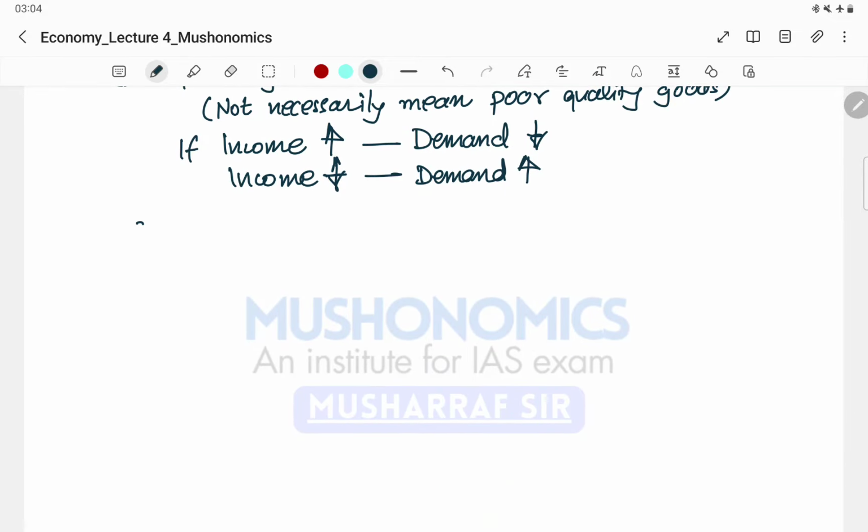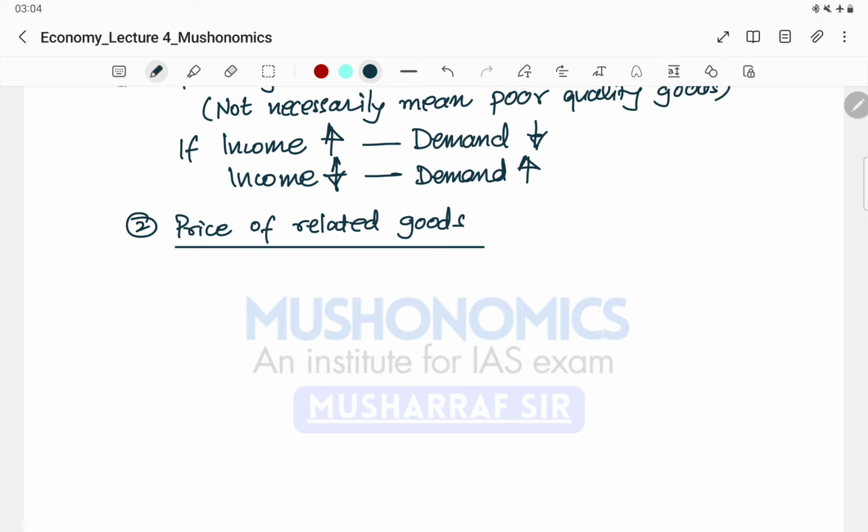Now let's see the second factor, that is price of related goods. We will classify related goods into two parts. Number one is substitute goods, and number two is complementary goods. So first we will talk about substitute goods.